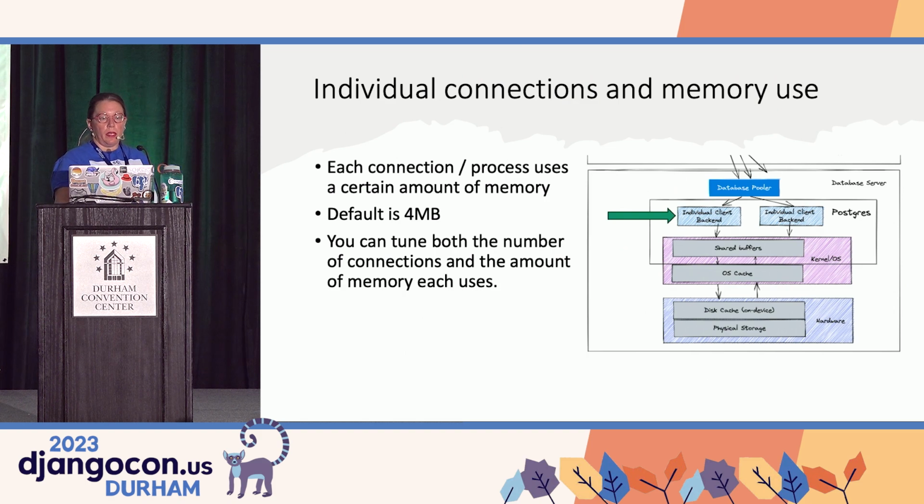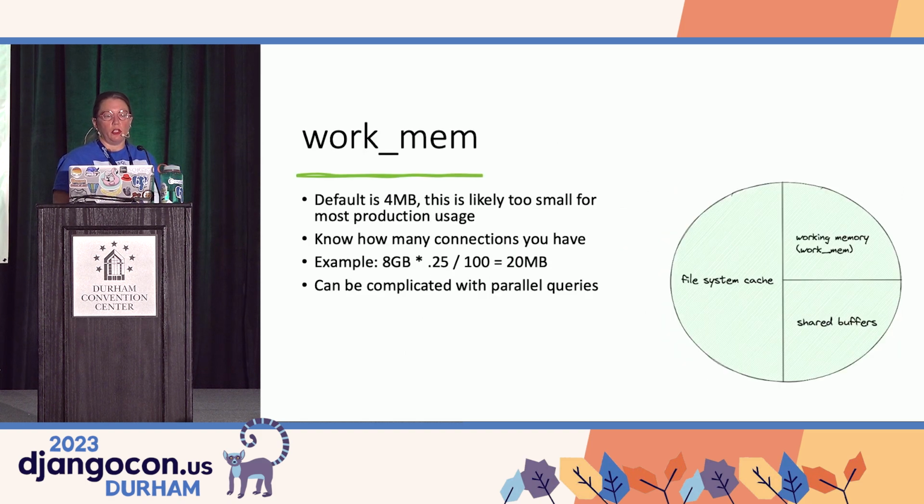And then typically you will want to make that a little bit bigger, right? It used to be you could get a really easy number for work memory by just knowing how big your machine is. Like it's 8 gigs and I'm going to use a quarter of my memory for working memory and I've got 100 connections. It's going to be about 20 megs.